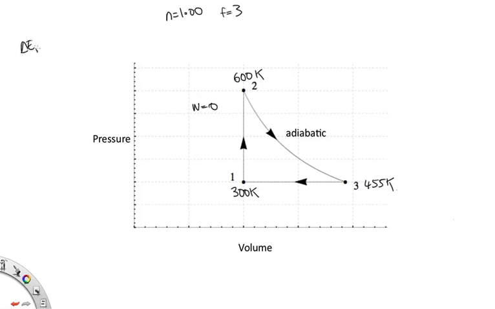The change in internal energy is equal to f over 2 nR delta T. So in this case, we've got 3 over 2 times 1 times 8.314. Now the final temperature is 600. The initial temperature is 300. So that's the change in temperature there. So the change in internal energy is 3,741 joules. Let's just write it on our diagram.